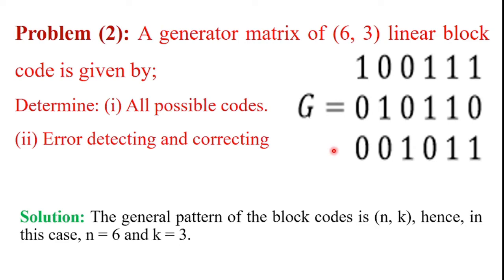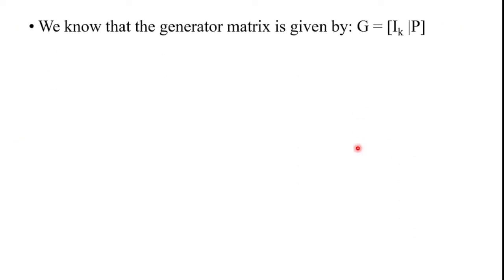This is the given generator matrix. We know that the standard representation of the generator matrix G is equal to [I_k P]. Here I_k is the identity matrix of order k by k and P is the quotient matrix.